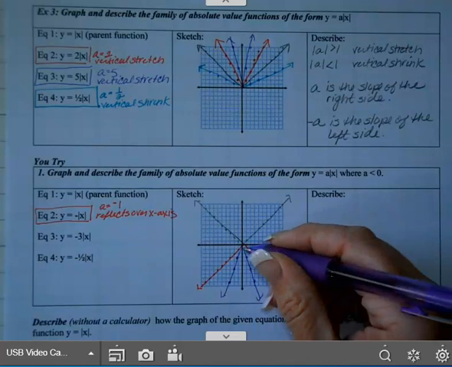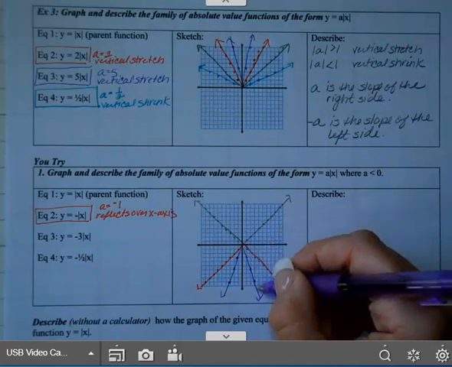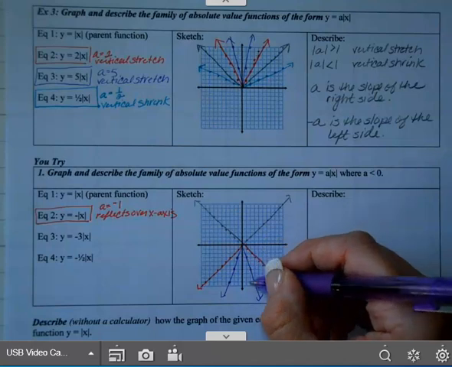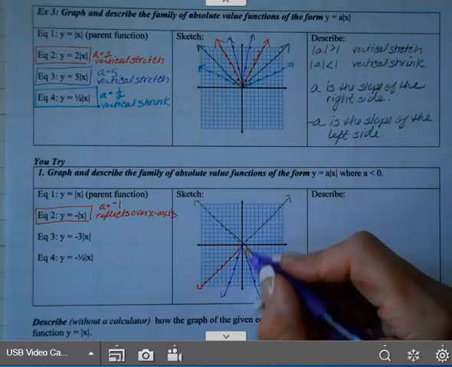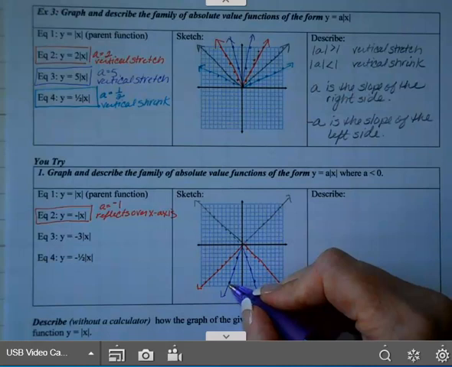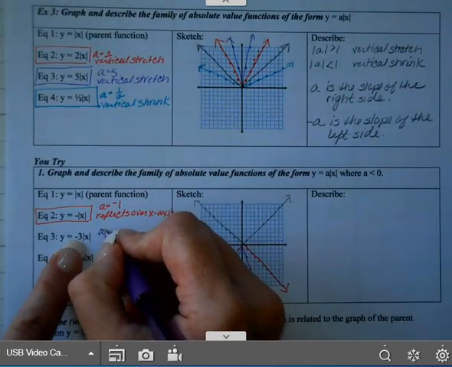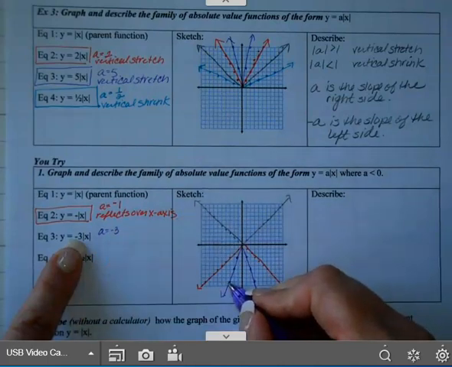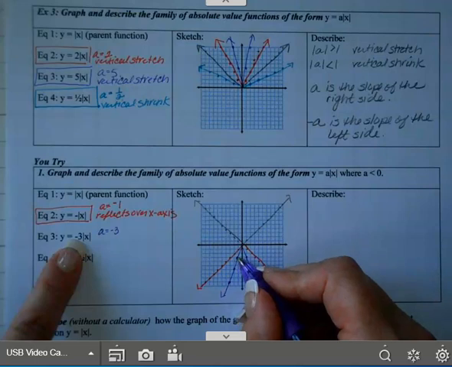Notice the slope on the right side is your a value. So the slope is -3. It's going down 3, right 1, down 3, right 1, down 3, right 1. And on the other side, my slope is the opposite of a. Remember, a was -3. So the opposite of that is +3. So the slope of the left side is going up 3, right 1, up 3, right 1, up 3, right 1.